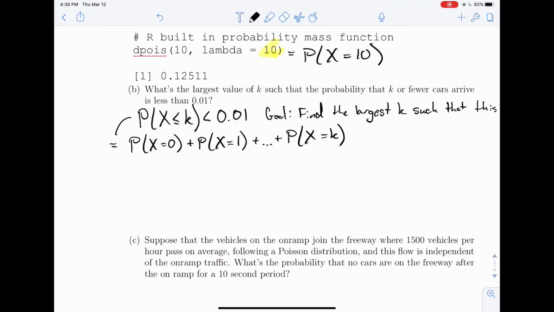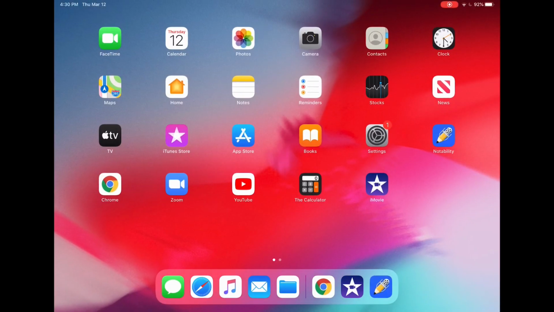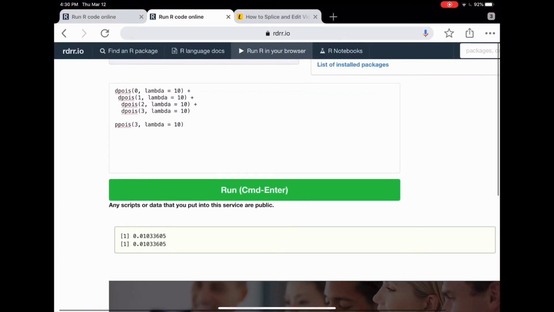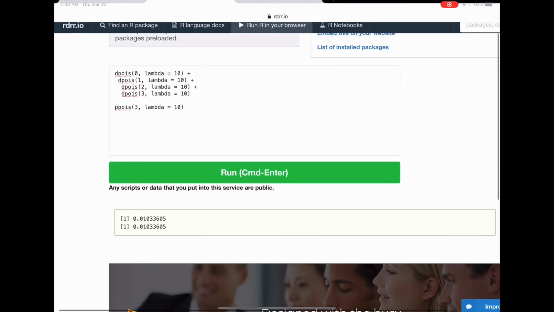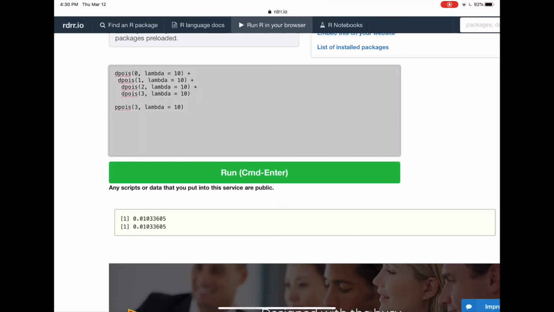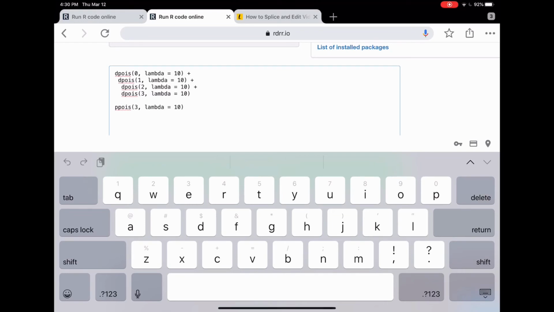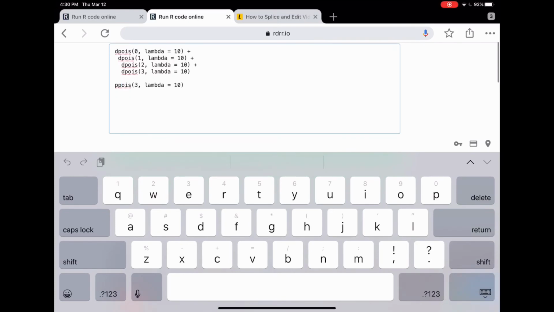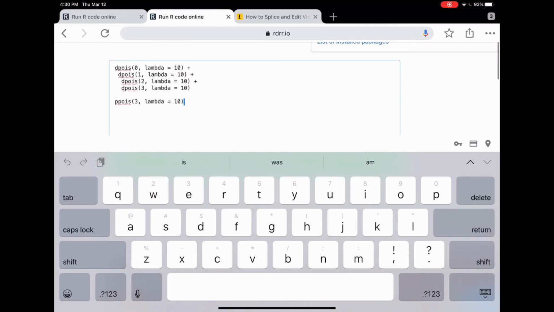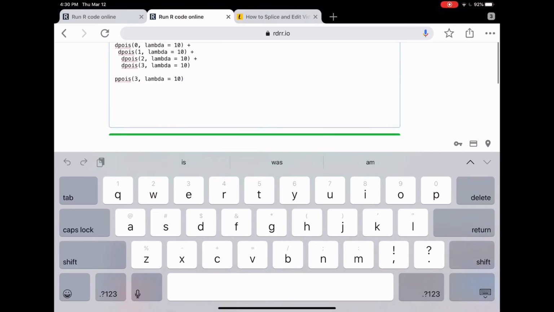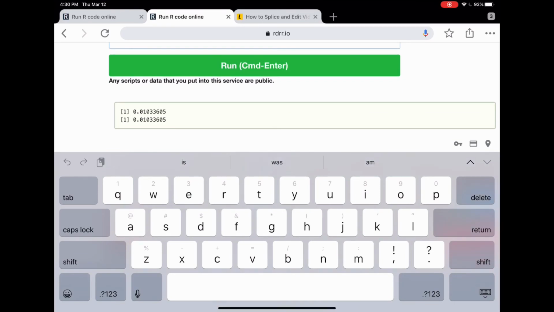We want it less than 0.01 here. Okay, so that means that the number that we have there, 3, is too big. And I showed these two different function calls just to show you what it does. So this ppois here, that's the cumulative distribution function for the Poisson random variable with parameter lambda equals 10. So if we add up all the probability mass functions up to 3, we get the same answers here down below.